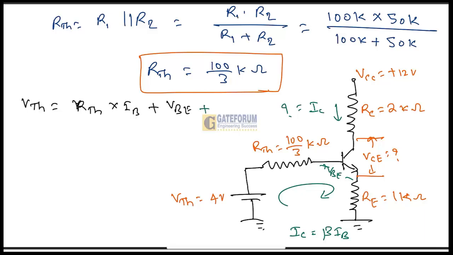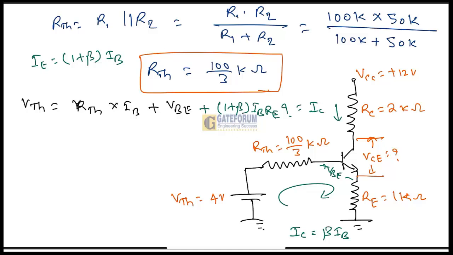VBE plus IE into RE. So this IE, as we know in terms of beta, can be written as (1 plus beta) times IB. So here this IE RE can be written as (1 plus beta) times IB into RE.